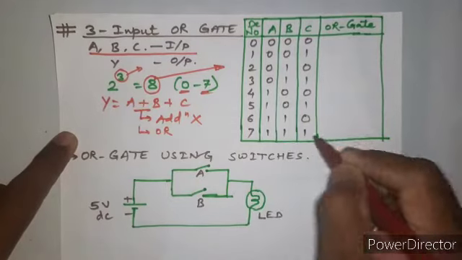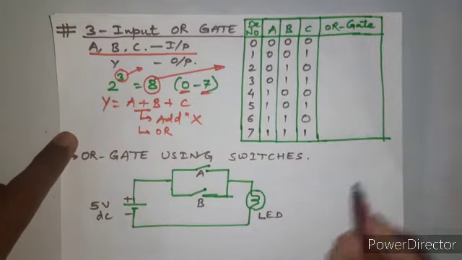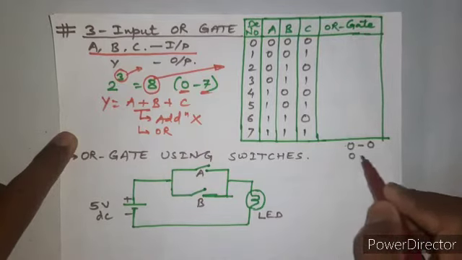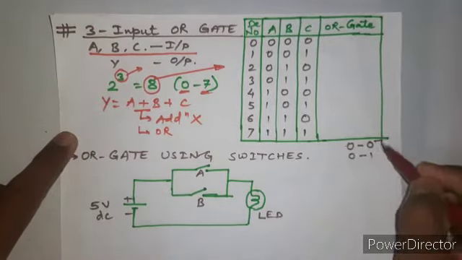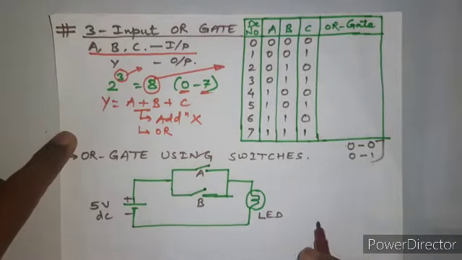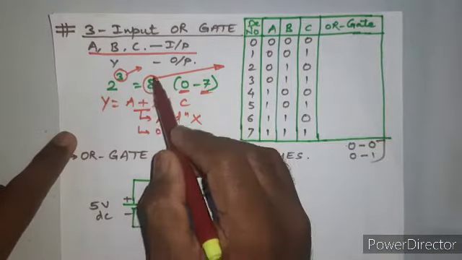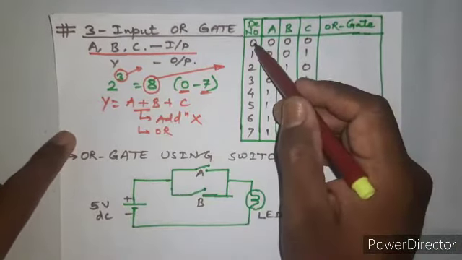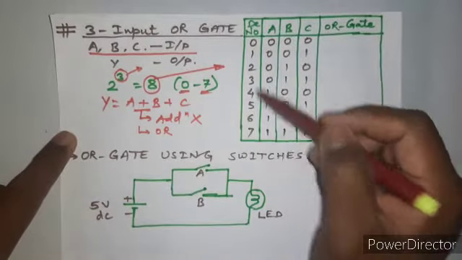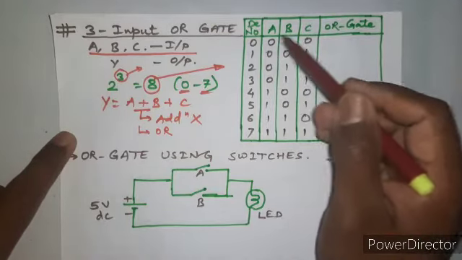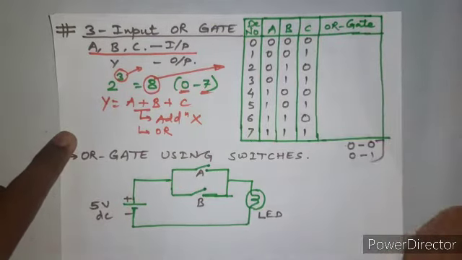So these are the input combinations. We have seen for 2 inputs, 0 combination with 0, 0 combination with 1. But the easiest way to remember is to take the number of inputs, write down the numbers from 0 to base minus 1, and then convert them to binary equivalent. So you will get all the input combinations.